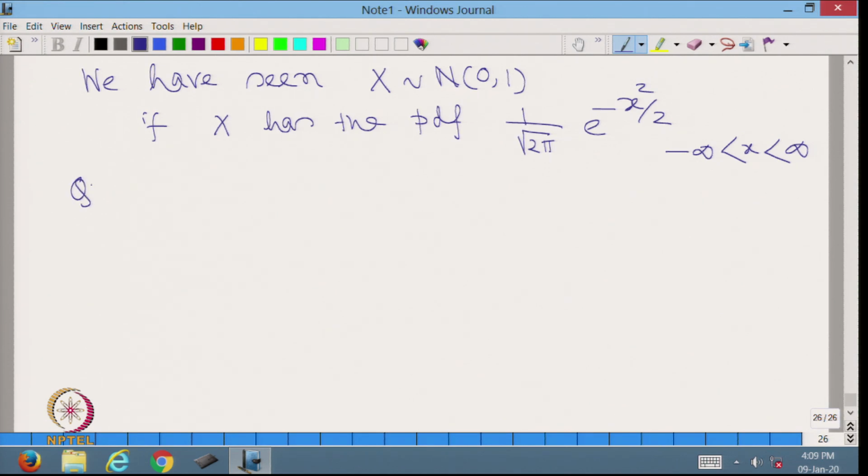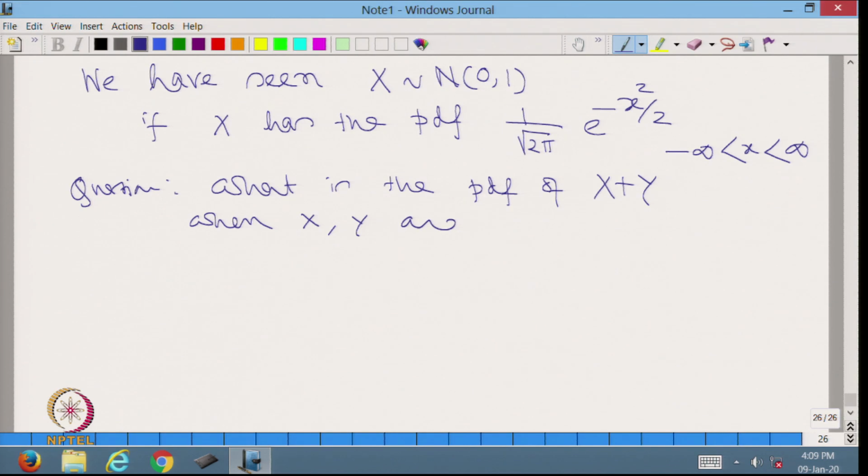The question is, what is the PDF of x plus y when x and y are independent, identically distributed random variables following normal 0 1?